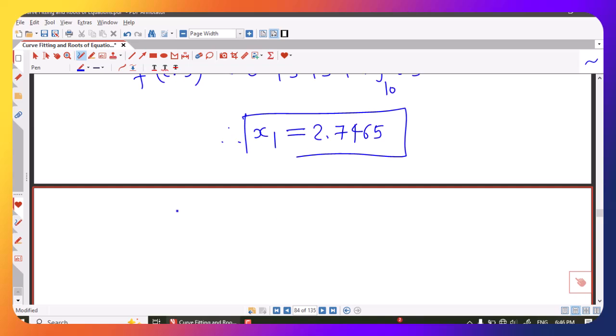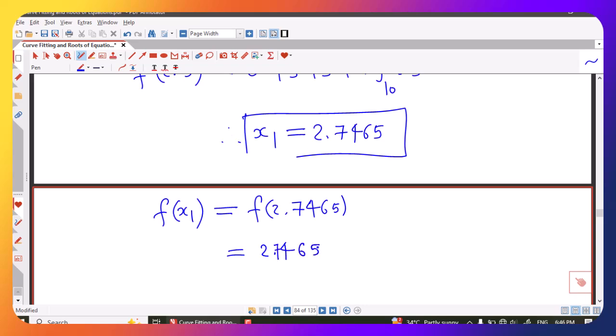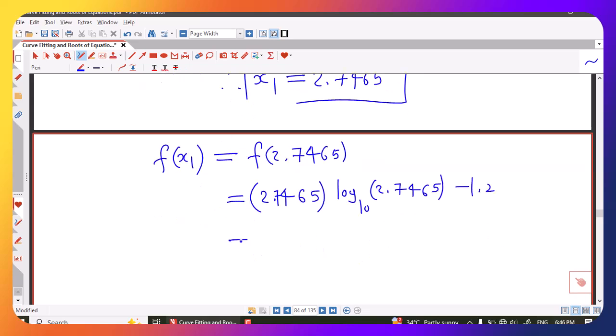and we find value of function at x1 that we will require in the second iteration, that is f of 2.7465. fx is x log x base 10 minus 1.2. So we have x, that is 2.7465, log of x, that is 2.7465 minus 1.2, and this turns out to be 0.0051.